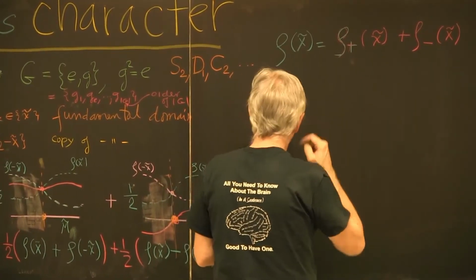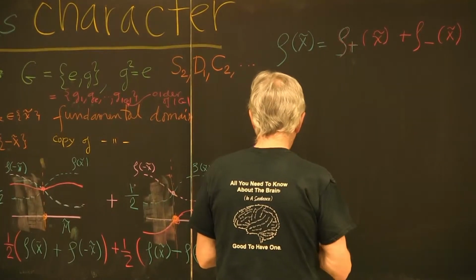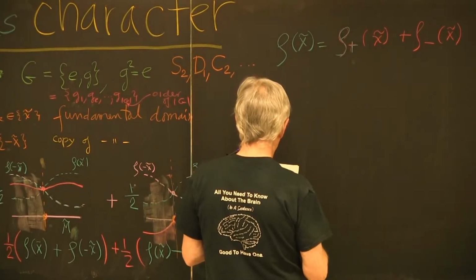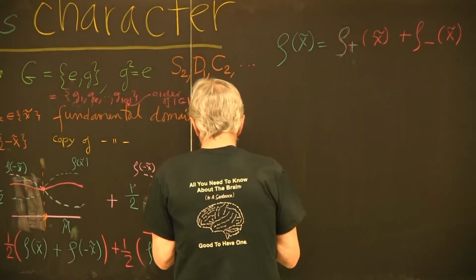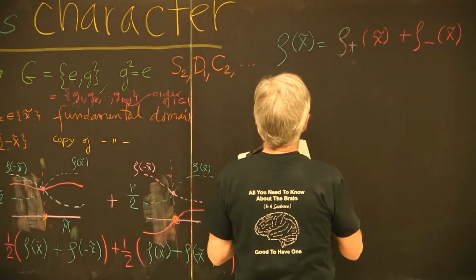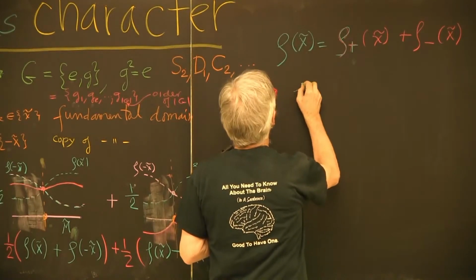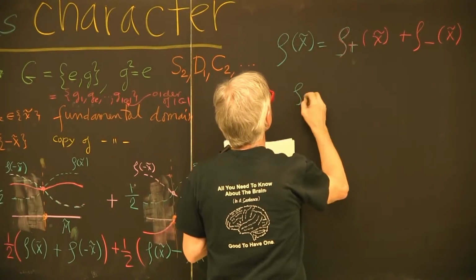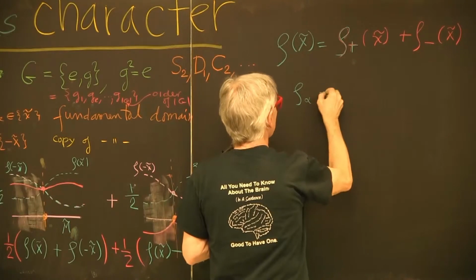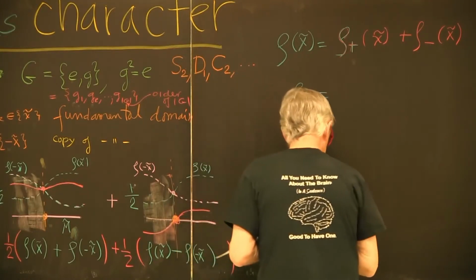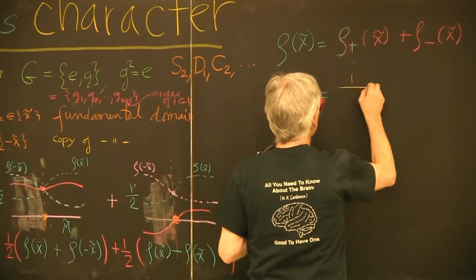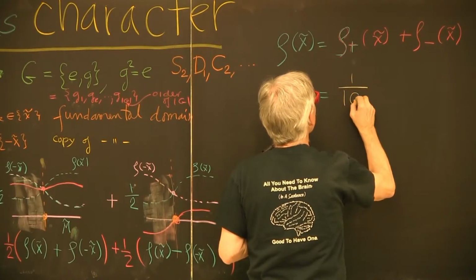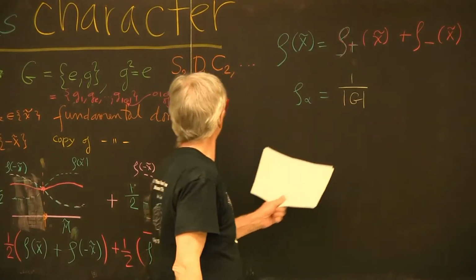Now what I'll do with this object, I will write this in a slightly fancy way, following Frobenius. And I'll say that rho of representation alpha, which could be plus or minus, is 1 over the order of the group.